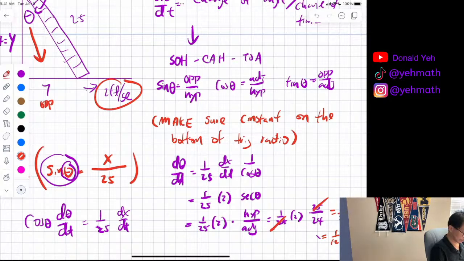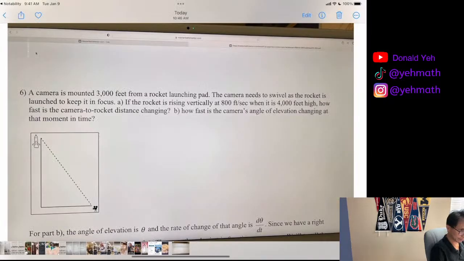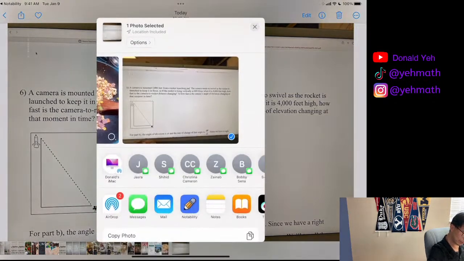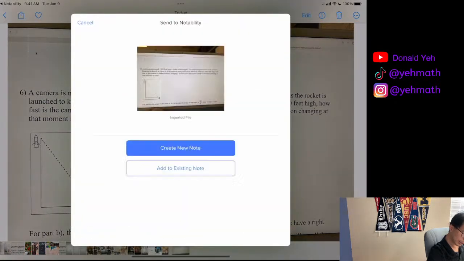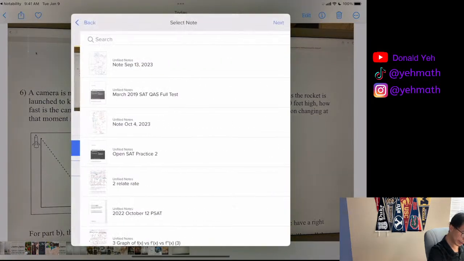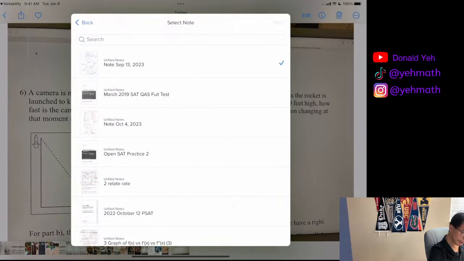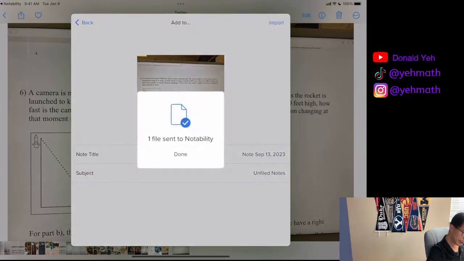I'm going to upload it to my Notability and work from there. Import done.